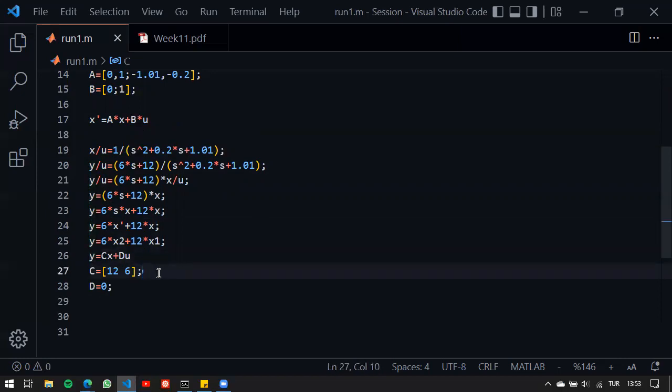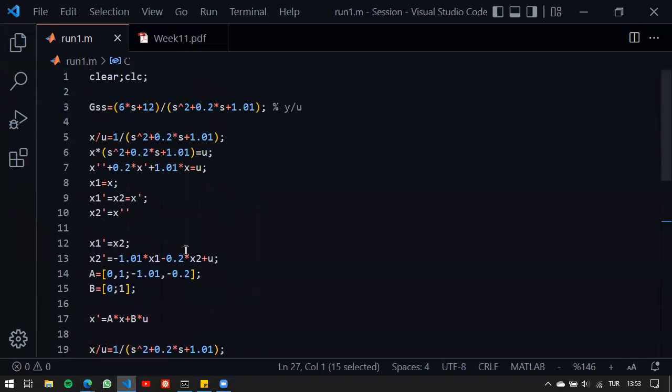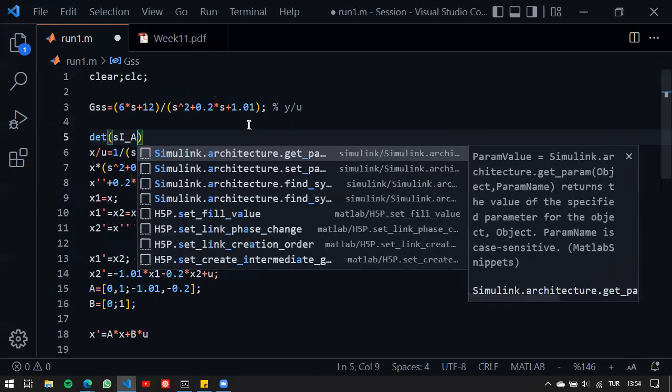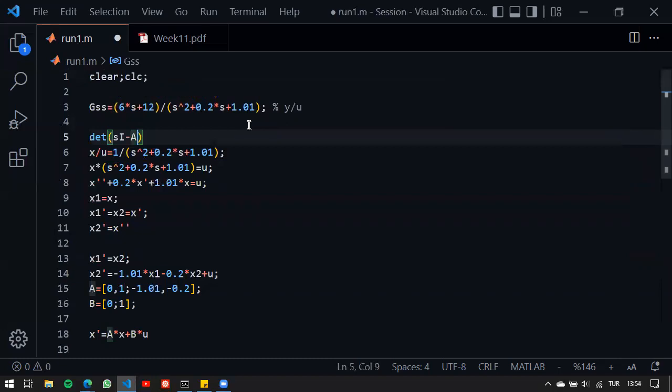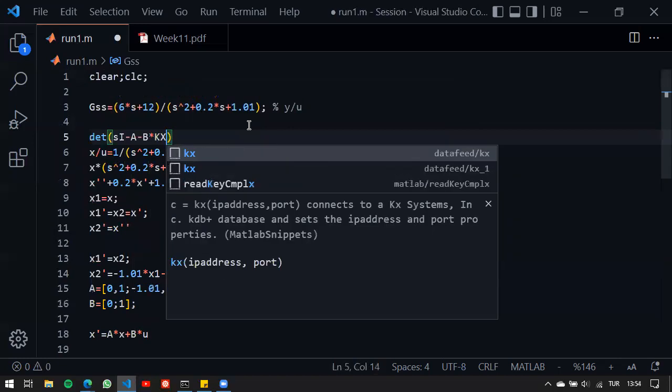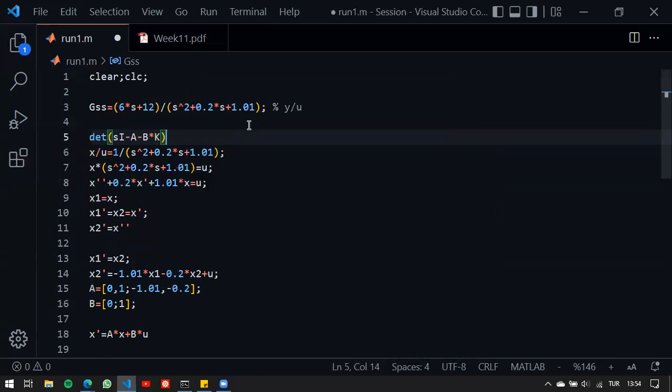So you can see that I've converted the system into the state space form, but I didn't directly use the whole system. I've just used the denominator in order to work with A and B. And this makes sense because of the determinant of sI minus A, and if you have a controller, even B minus u, and therefore Kx, so therefore BK.